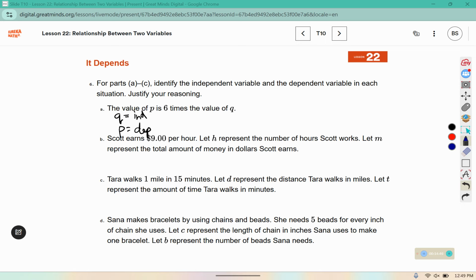Let H represent the number of hours Scott works, and let M represent the total amount of money in dollars he earns. So H is the independent variable, and M is the dependent variable. The amount of money he earns depends on how much time he works.